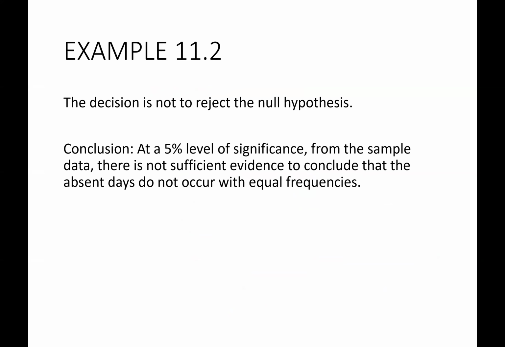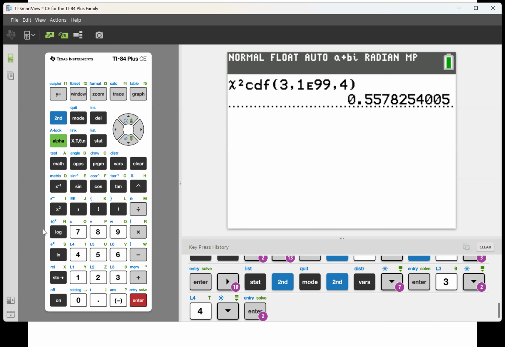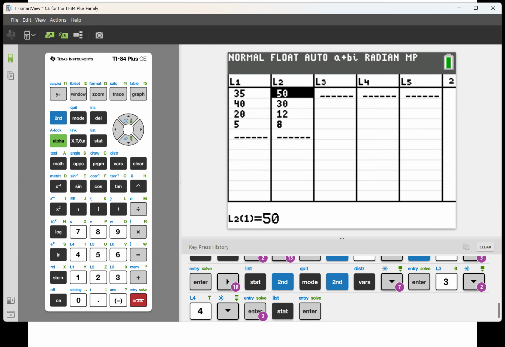Now, again, we can do a chi-squared goodness of fit test if we want. So let's go back to our calculators. If we don't want to run the chi-squared distribution, we can do a goodness of fit. To do that, I need to put my observed and my expected in a list. I'm going to put my observed in L3.